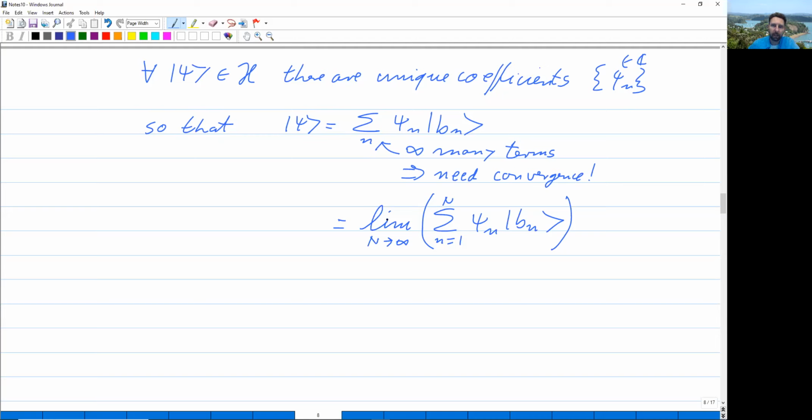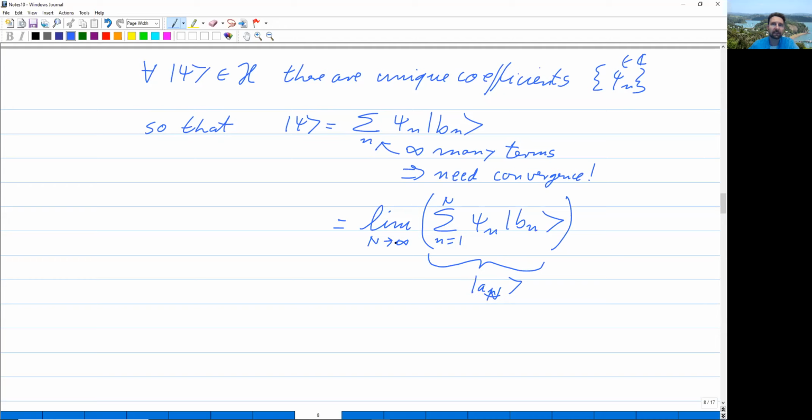And so that vector here, we may call it a capital N, for example. So what we're really saying here is that the limit for capital N going to infinity of this sequence of vectors is supposed to be that vector psi here.